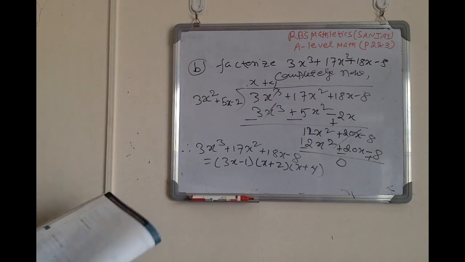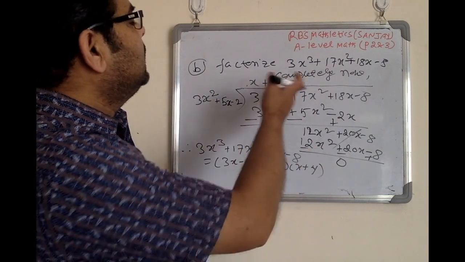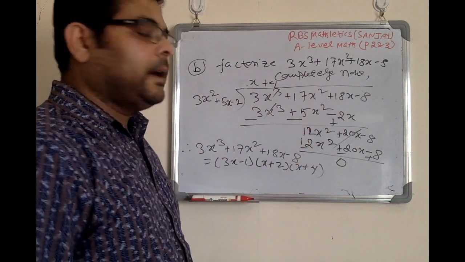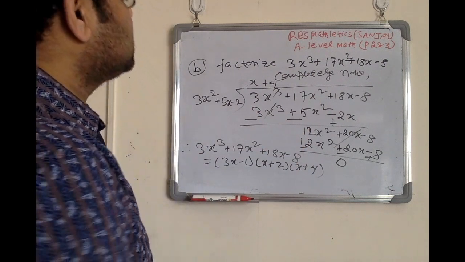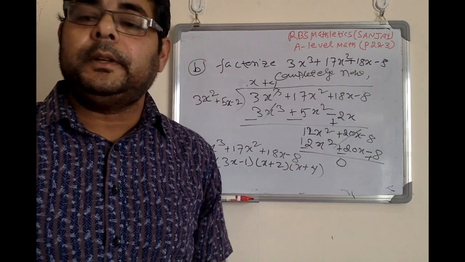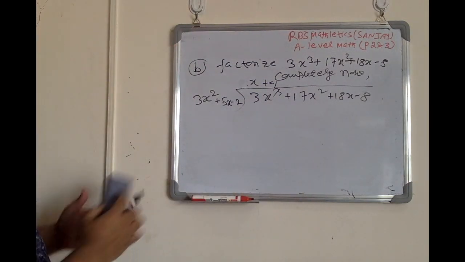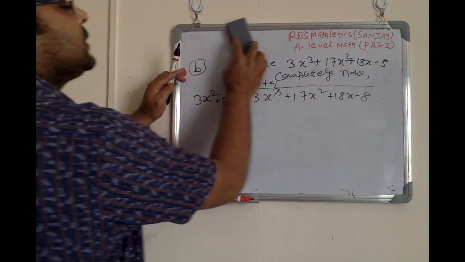Now would you also be interested in factorizing it another way? Another way means by comparing both sides, and then we can see how it can be done. So what you can do in this case, let me make some space up here.